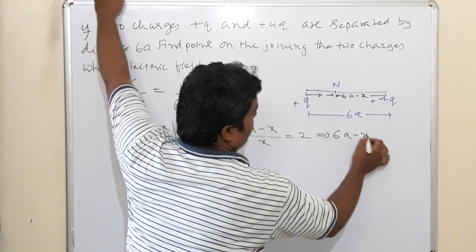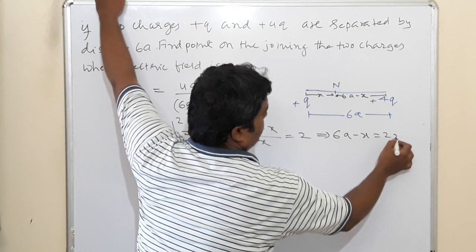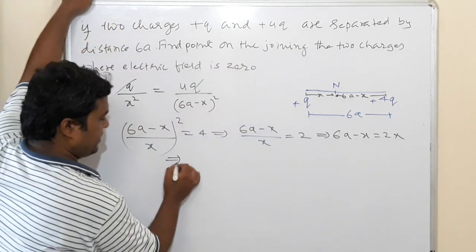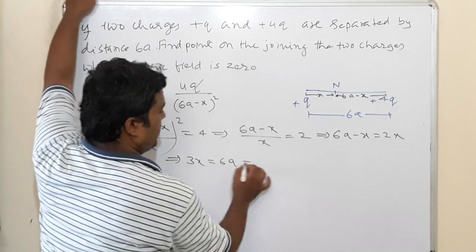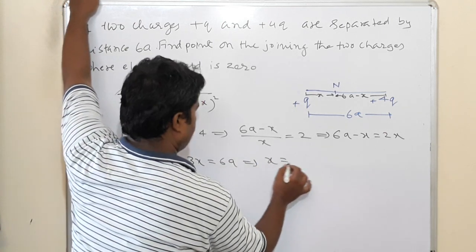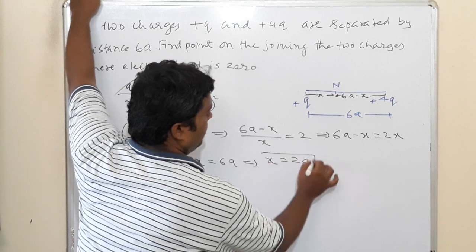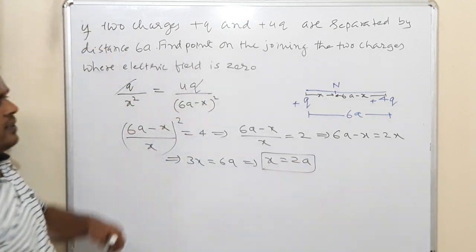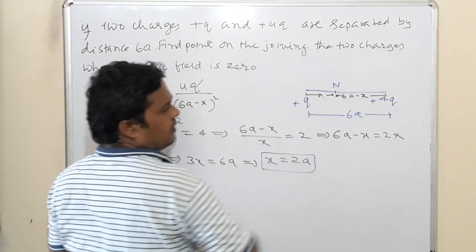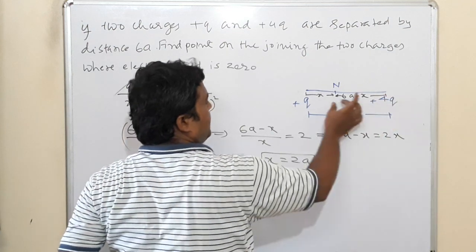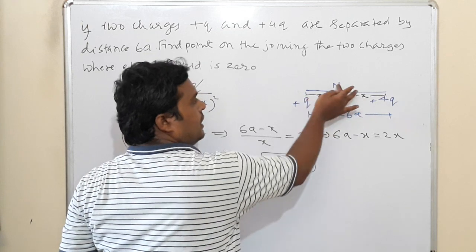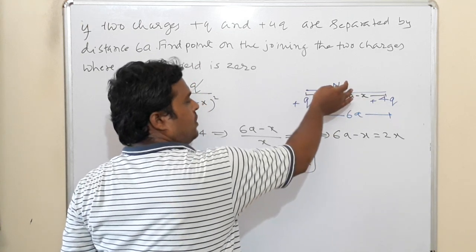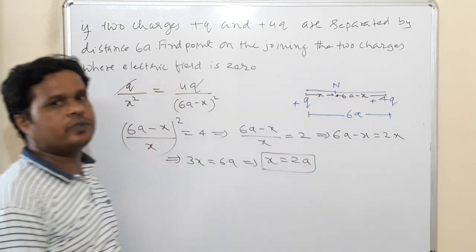Then 6a minus x is equal to 2x, which implies 3x is equal to 6a, which implies x is equal to 6a by 3. This will be 2a. 2a from which charge? 2a from Q. Then what should be the distance between the larger charge and the neutral point? This will be 4a. This is 2a. The neutral point is still closer to the charge of smaller magnitude.